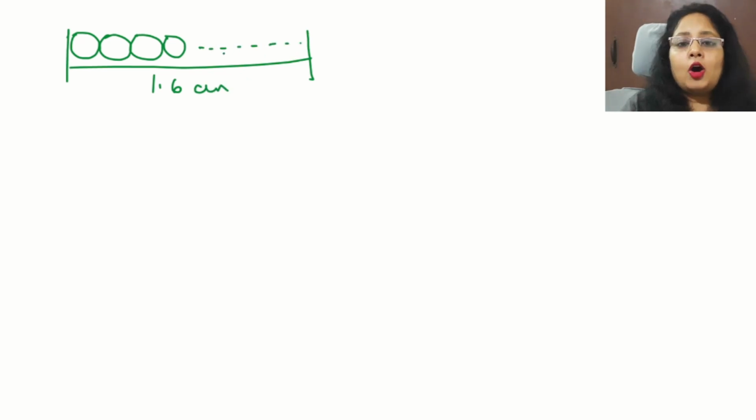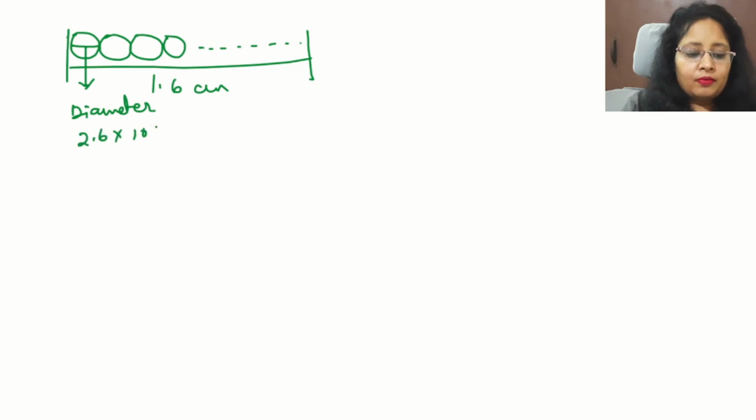So they are asking how many atoms are needed to cover this distance. So we should know that the distance covered by one atom is the diameter, and its value is given. The diameter is 2.6 into 10 to the power minus 10 meter as we calculated earlier.